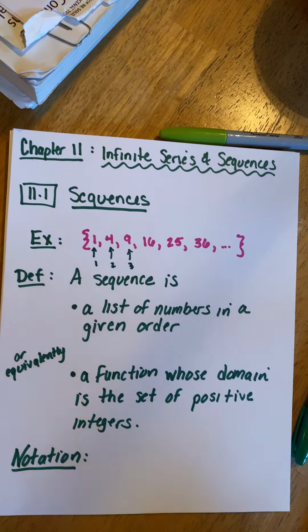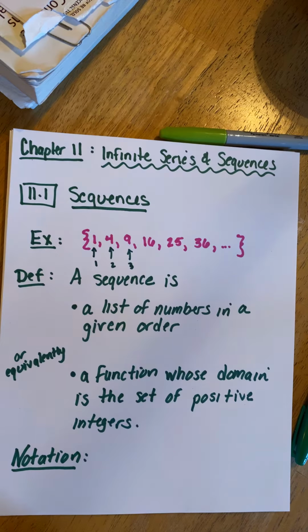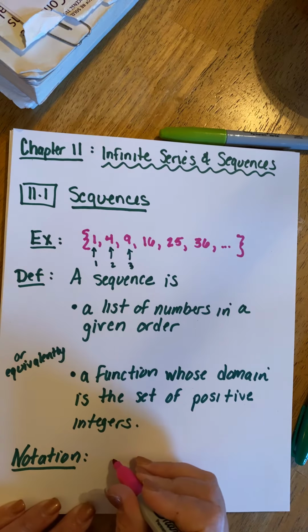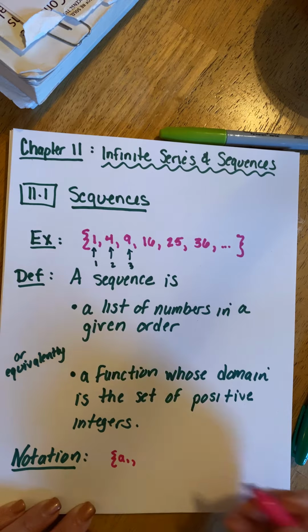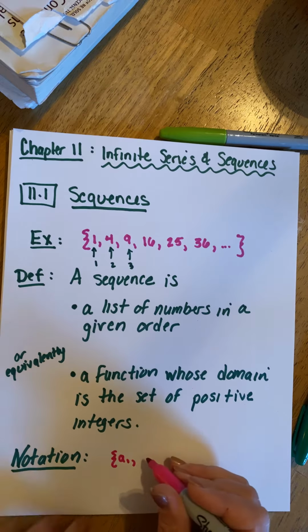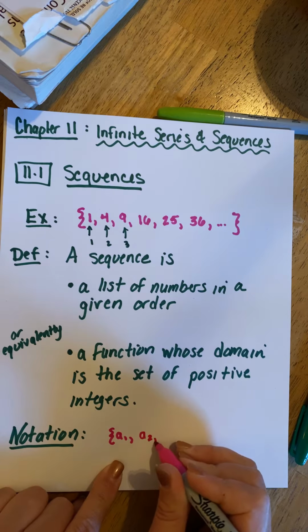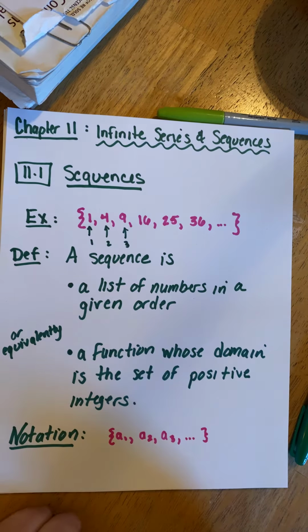The notation for a sequence. Okay, the notation is, well, we can list them. a1, we can use any lowercase letter, we typically use lowercase letters, so a1 would represent the first term in the sequence. a2 would indicate the second term in the sequence, a3, and so forth on forever.